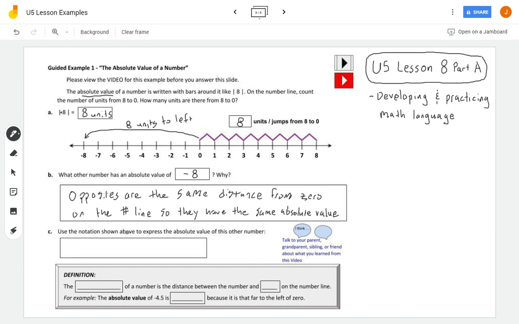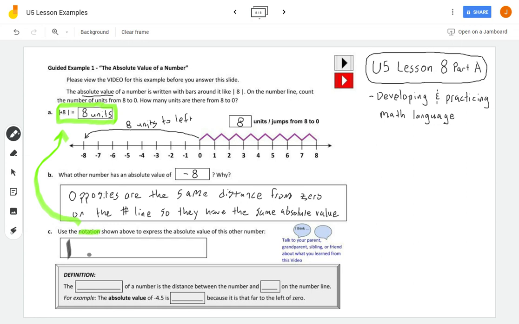Okay, let's use the notation above to express the absolute value of this other number. And so the notation that it's talking about is the notation up here. This is called an absolute value equation. And so that notation, or way of writing, notation means the way to write something, starts with the absolute value bars. And so you put absolute value and then the number.